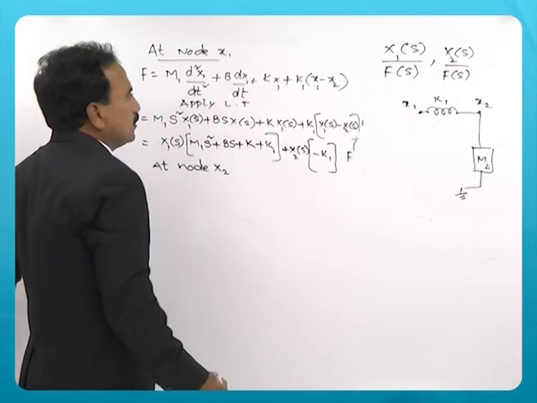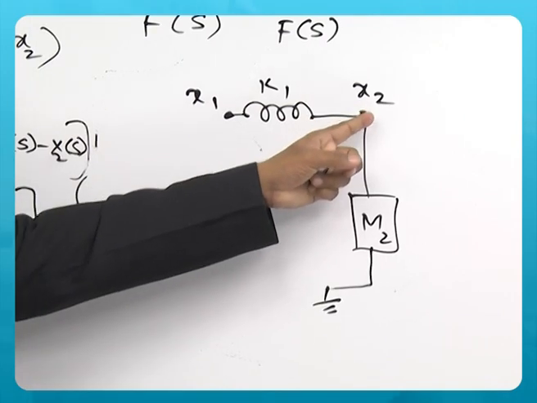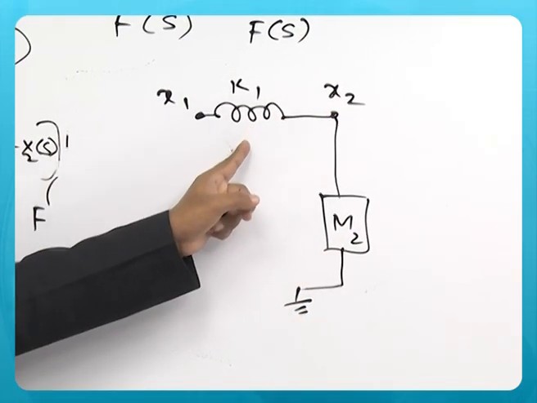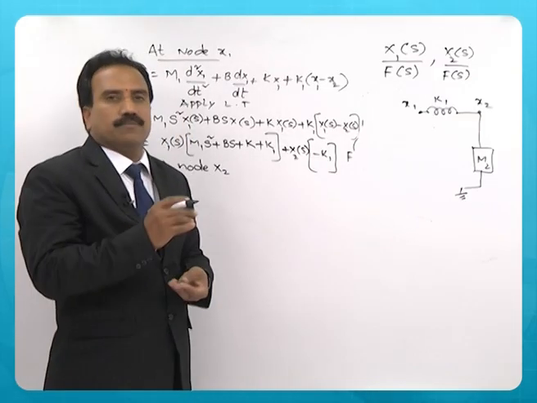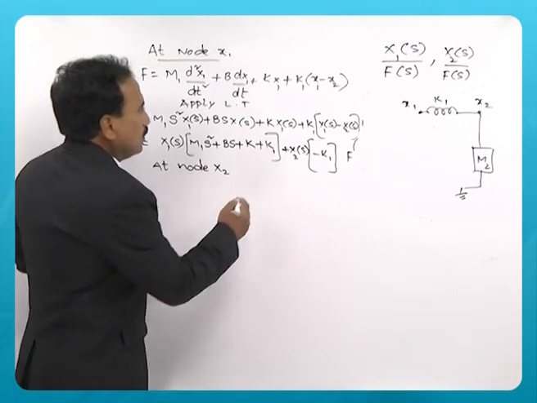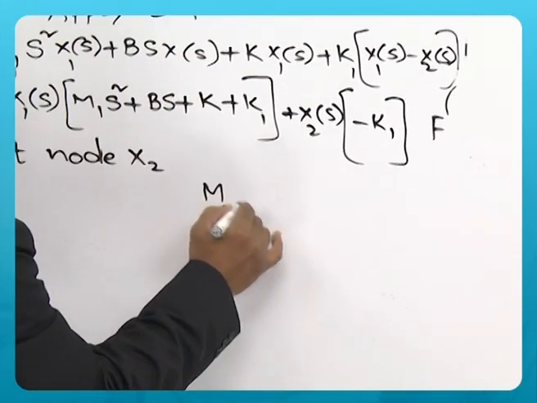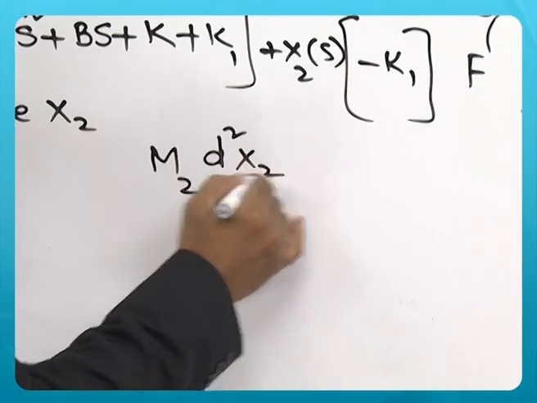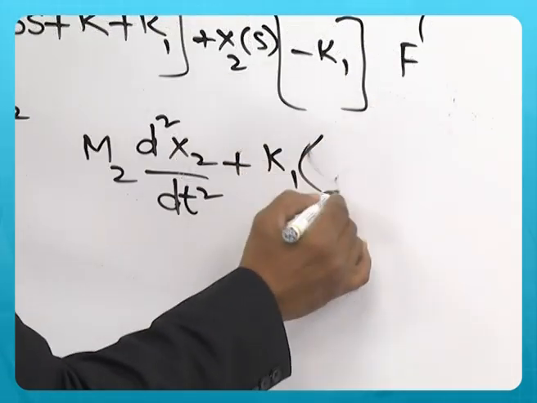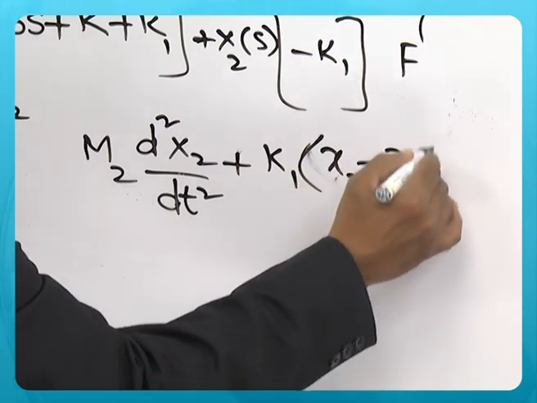Only two components are connected to x2: one is mass 2 with respect to ground, and the other one is K1 with respect to x1. So, it is a simple equation at node x2: m2 d square x2 by dt square plus K1 into x2 minus x1.